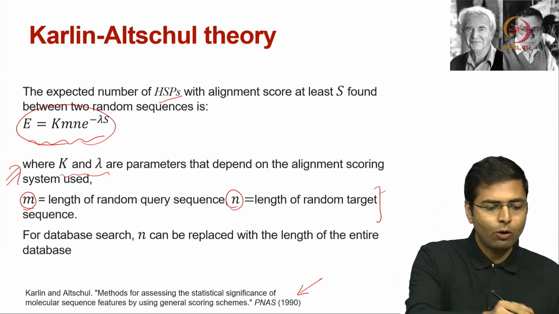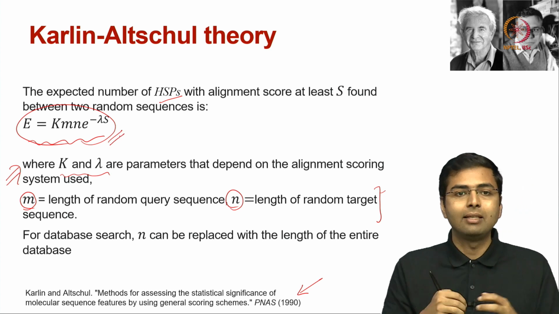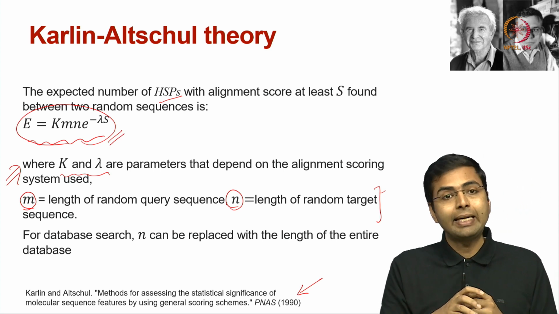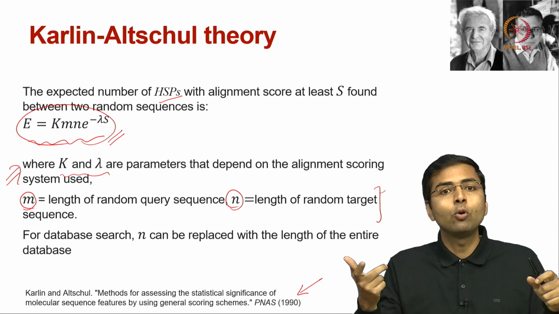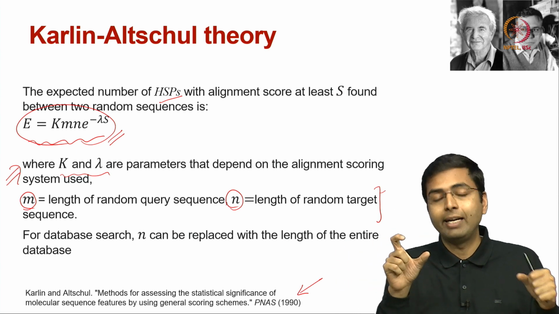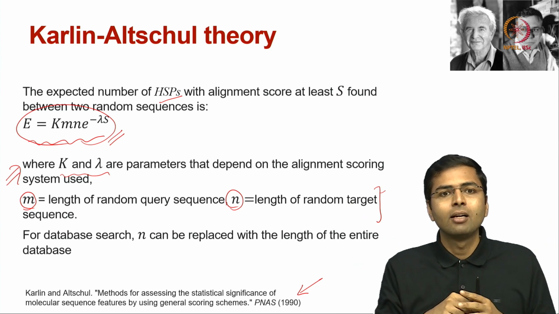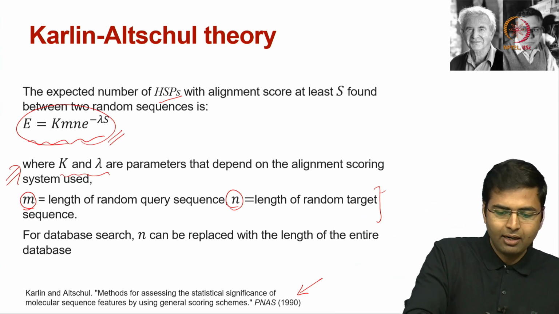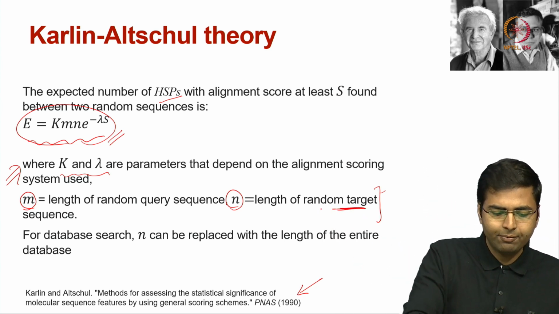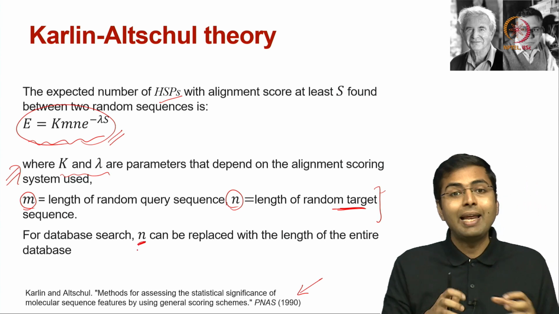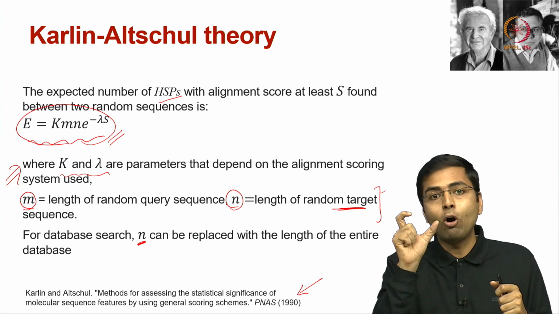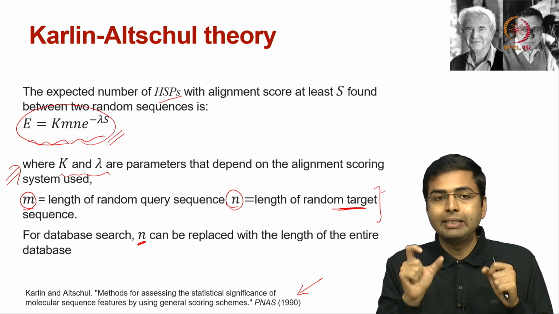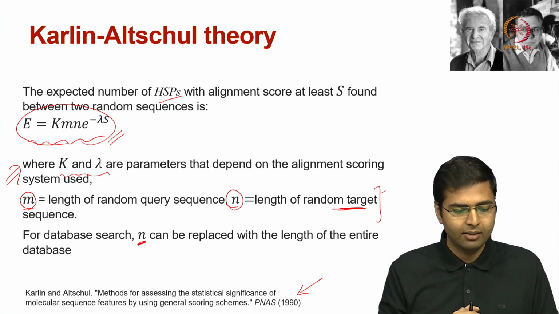So, this formula right now is defined for two sequences, but if you want to extend it to a complete database that has multiple sequences and there you want to know how many HSPs we can find in the entire database, then we can replace the target sequence length, that is N, with the length of the entire database. So, that would be the sum length of all the sequences present in the database, right.